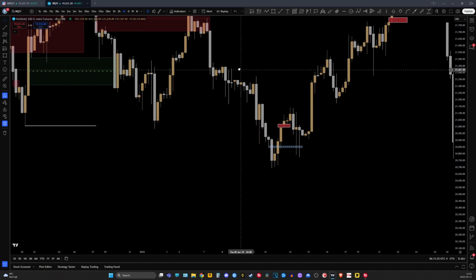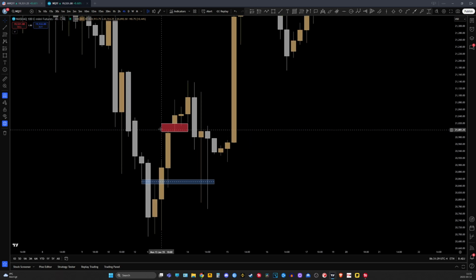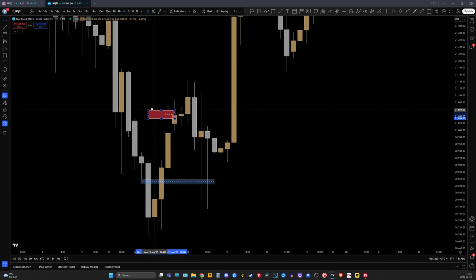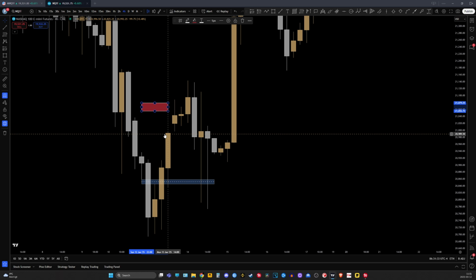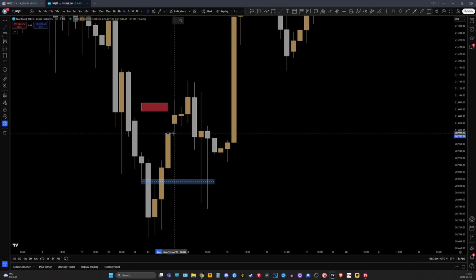And then we have a volume imbalance. What is that? Well, if we zoom in here, let me just move that box out of the way. We can see here that when a candle closes, what we expect is that immediately after a candle closes, it should open a new candle at the same level and then move up, right?